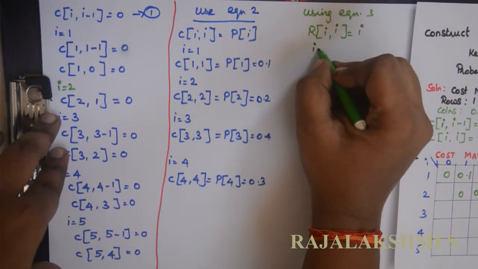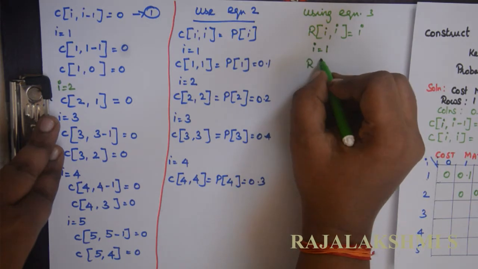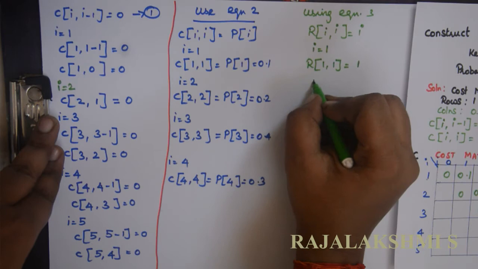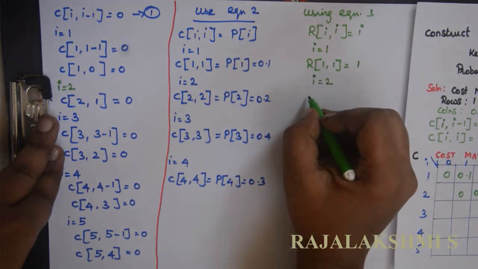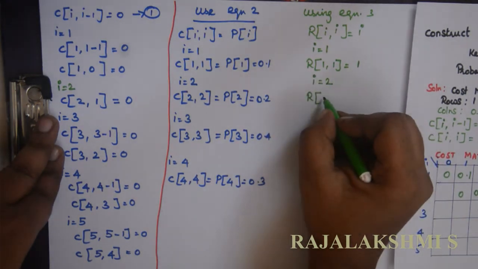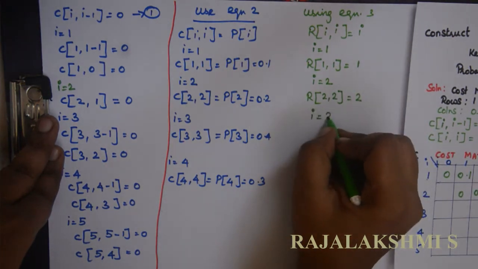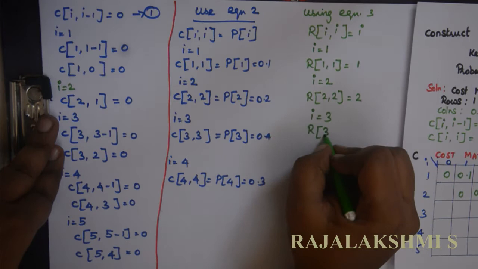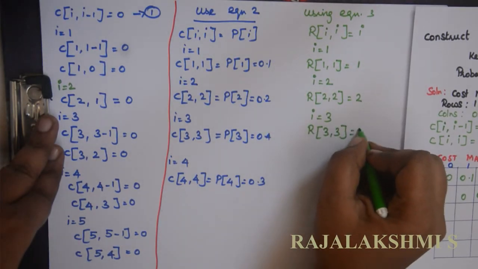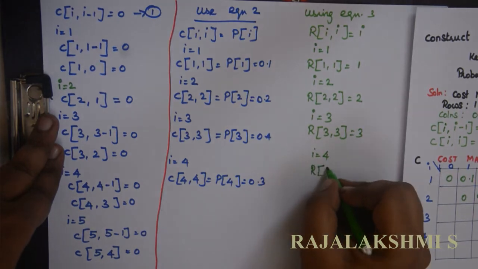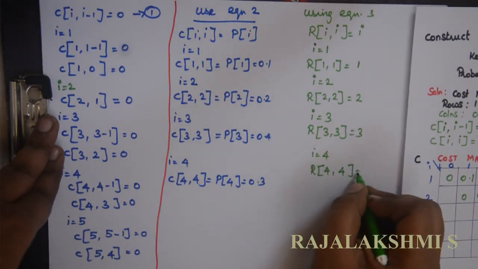So I equal to 1, R of 1 comma 1 is equal to 1. Then I is equal to 2, R of 2 comma 2 is equal to 2. I is equal to 3, R of 3 comma 3 is equal to 3. I is equal to 4, R of 4 comma 4 is equal to 4.